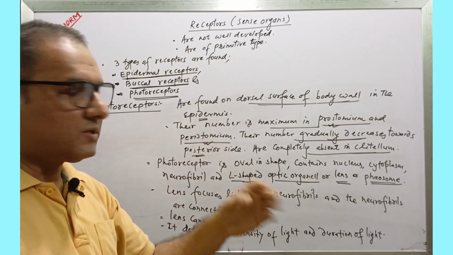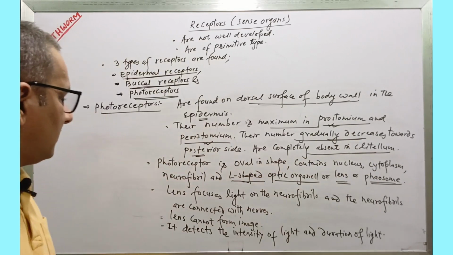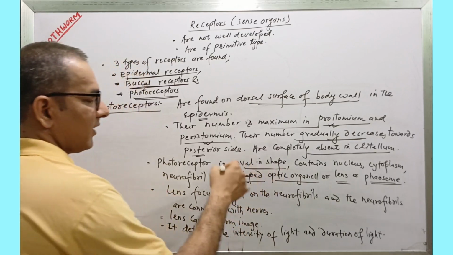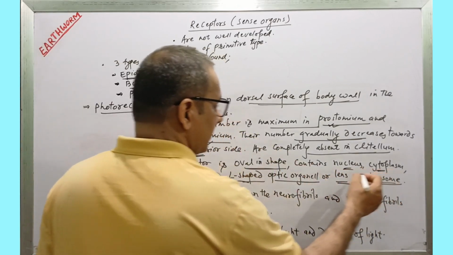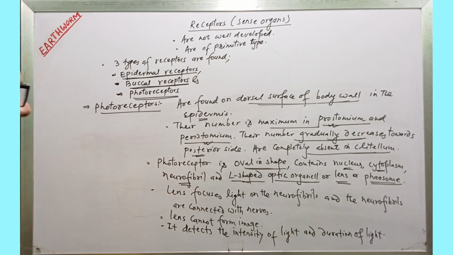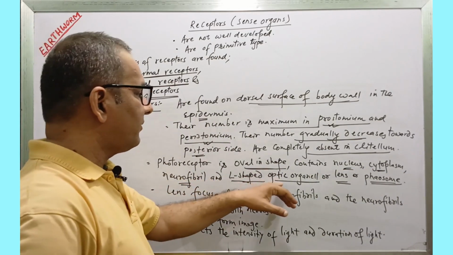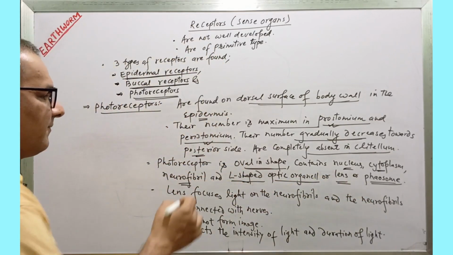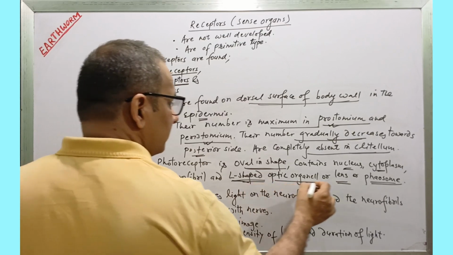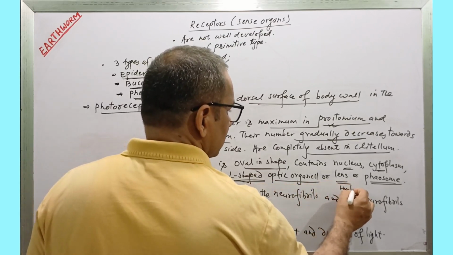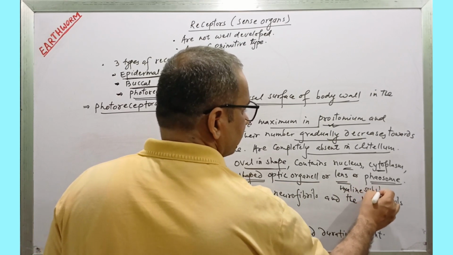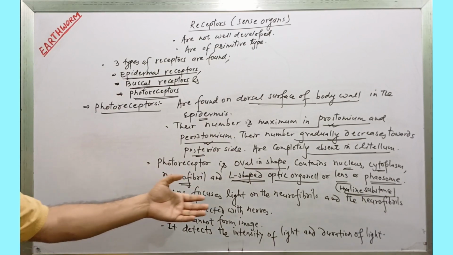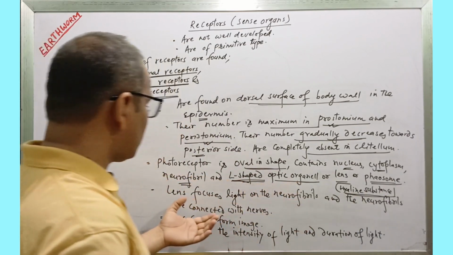They are completely absent in the clitellum, and each photoreceptor cell is oval in shape, and it contains nucleus, cytoplasm, and neurofibrils, and an L-shaped optic organelle or lens or Phaosome is present, which is made up of hyaline substance. The lens focuses light on the neurofibrils, and the neurofibrils are connected with the nerves.